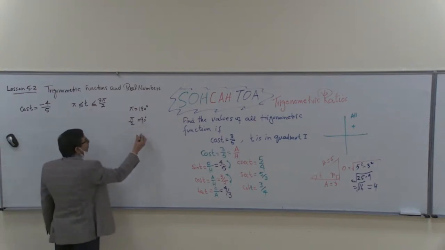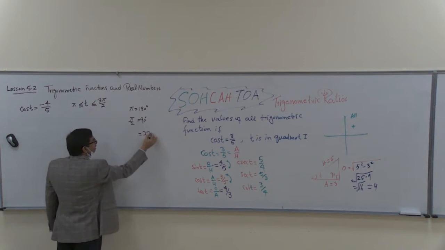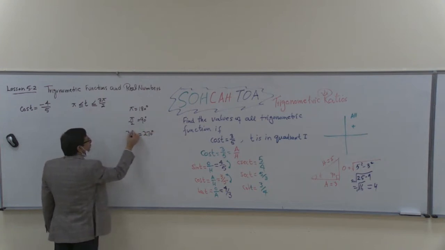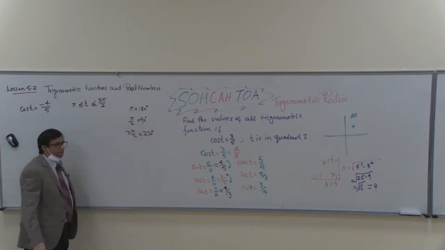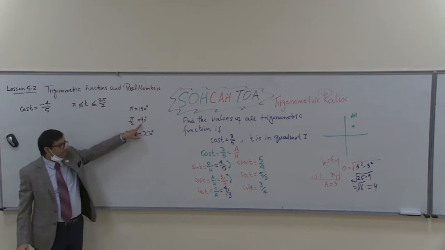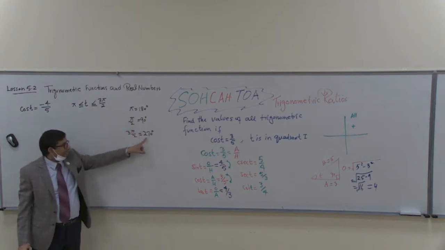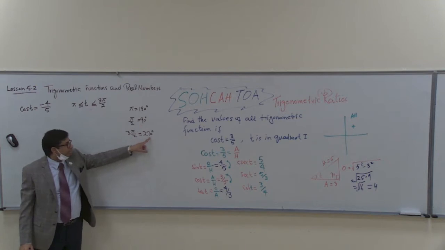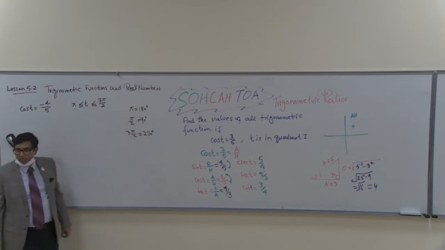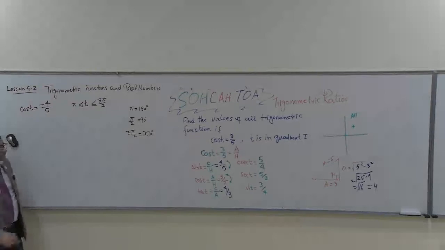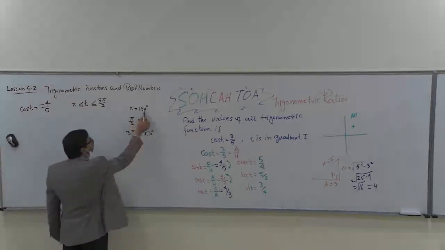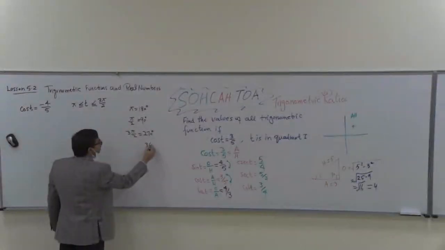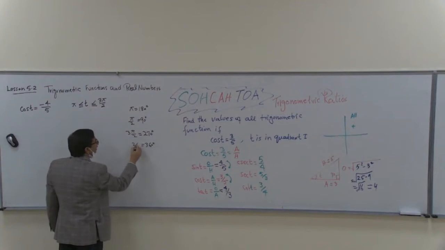And if I multiply this by 3, what happens? 270. So this comes 3 pi over 2. I mean, if you multiply 90 by 3, 9 times 3 is 27. So 270 degrees is equal to 3 pi over 2. And if we multiply 180 by 2, this gives you 360, which is 2 pi.